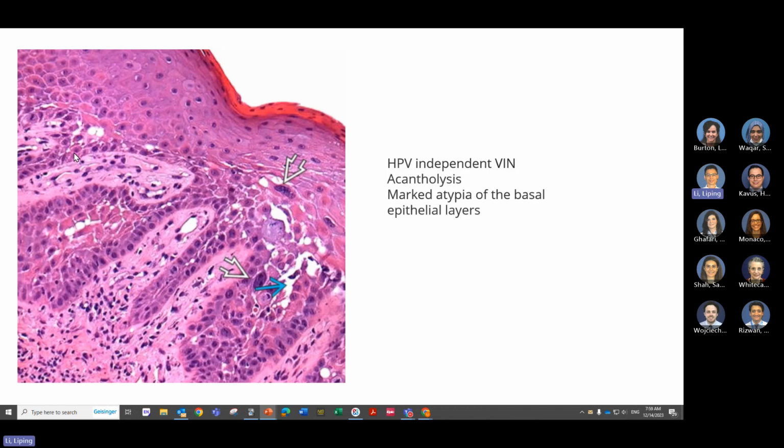We also can see in the basal cell layer, really pleomorphic, hyperchromatic cells. And then other than that, we can see this maturing squamous epithelial cell, no atypia, no pleomorphism. And then this one also shows an acantholysis pattern.